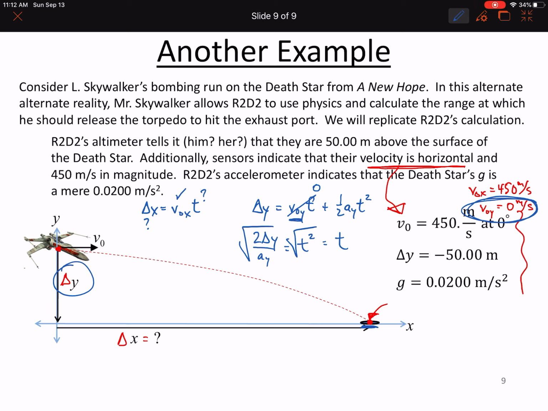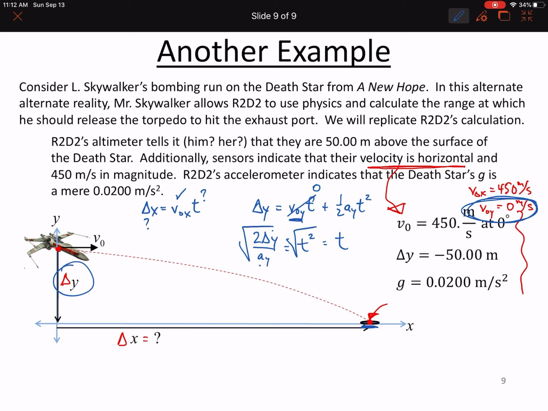Now, a few things here. One, it's important to realize that no, we won't be taking the root of a negative number, because delta y and the vertical acceleration here are both downward, so they're both going to be negative, and so the negative signs cancel, and we should be okay on that front.